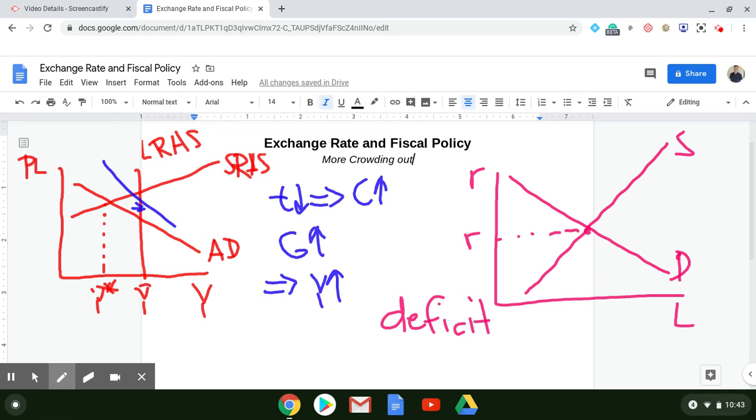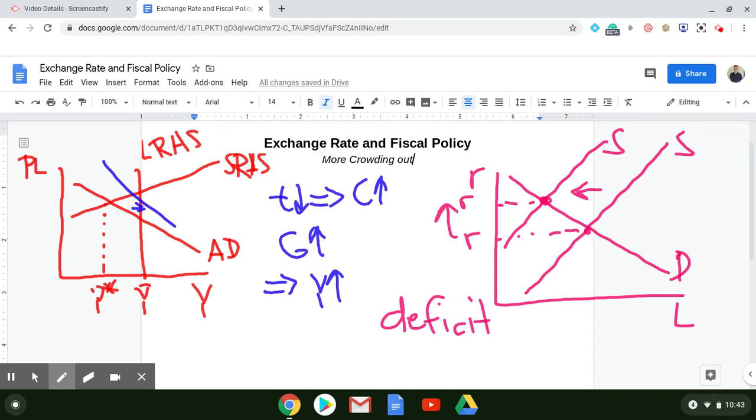So the supply of loanable funds decreases. Another way of looking at it is the demand for loanable funds will increase because now the government's demanding loanable funds. Either way is a fine way to analyze it because the effect is the same. The real interest rate will increase.